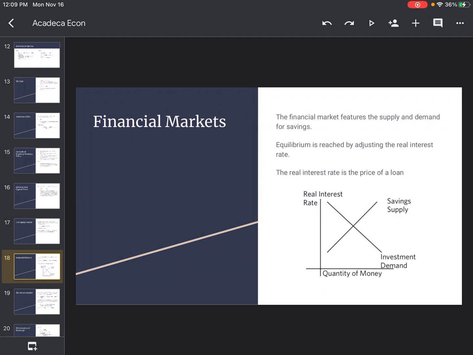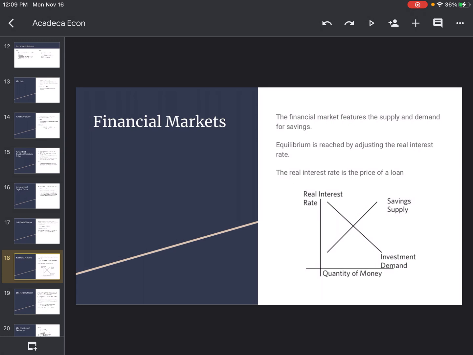As you can see, as the real interest rate decreases, the savings supply increases, and the investment demand does so as well. And rather than looking at it as the amount of a certain good, you can just look at it as money. A lot of these concepts in macroeconomics can be dumbed down to microeconomic levels, which is very helpful.